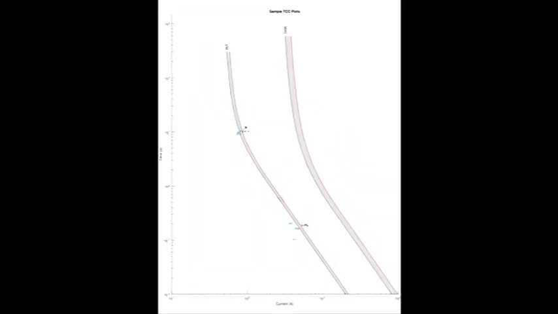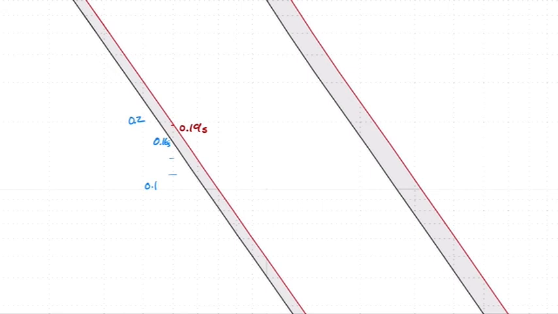So our first point here, we're into the hundredths of a second block. So we're at 1/10, 0.09, 0.08, 7, 6, 5. Which means that our actual point is somewhere around 0.048, 0.049.